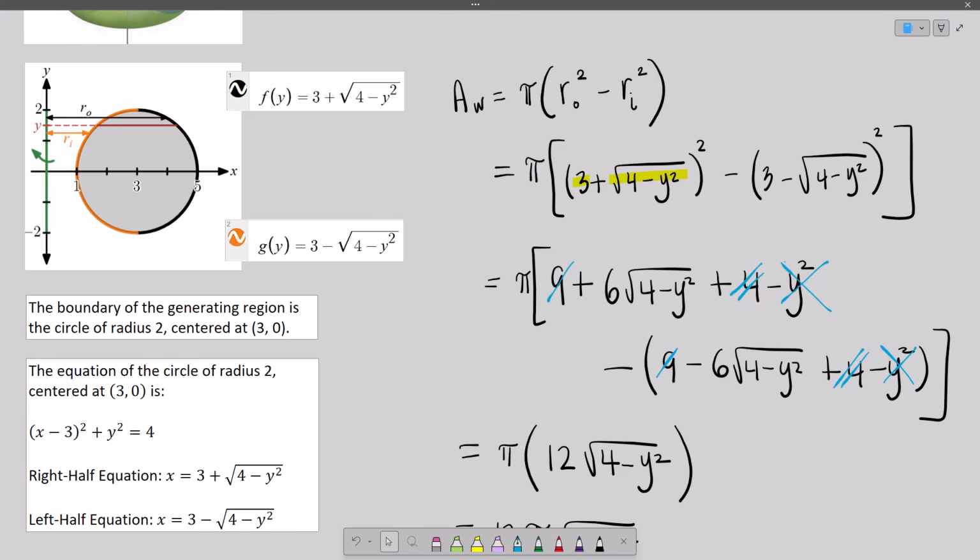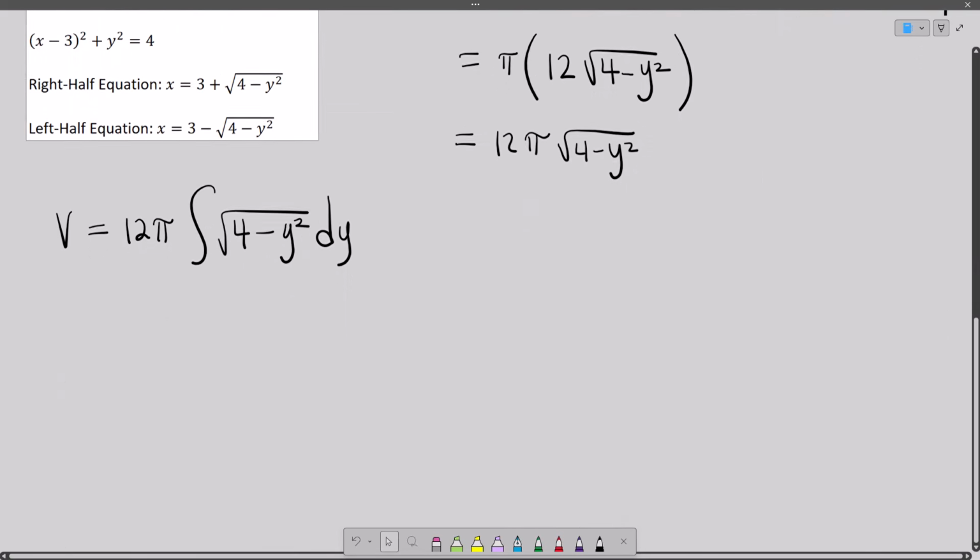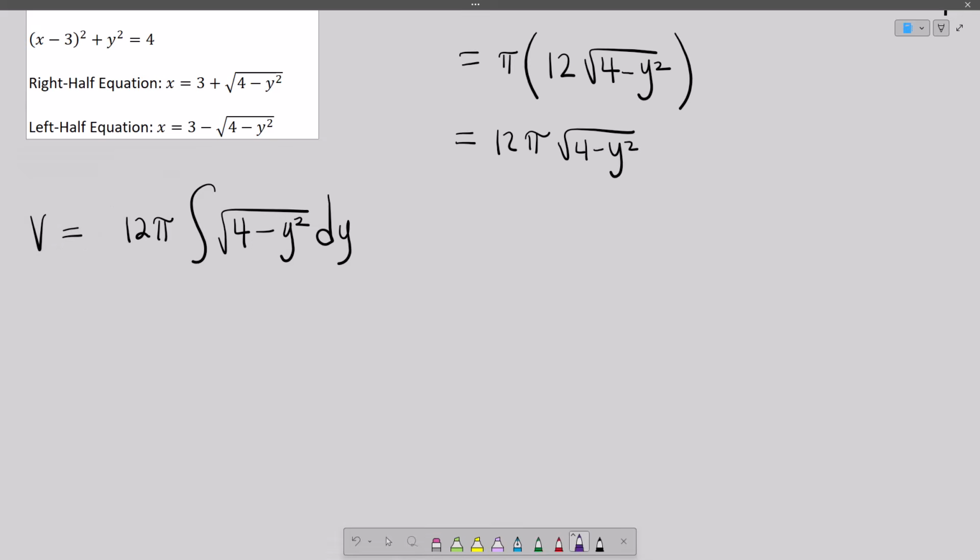We could use symmetry and go 0 to 2 and double it. So whenever we can in calculus, we love using symmetry. So let me do this. Put a 2 right here in front. So this is by symmetry. And we will go 0 to 2 instead of -2 to 2.